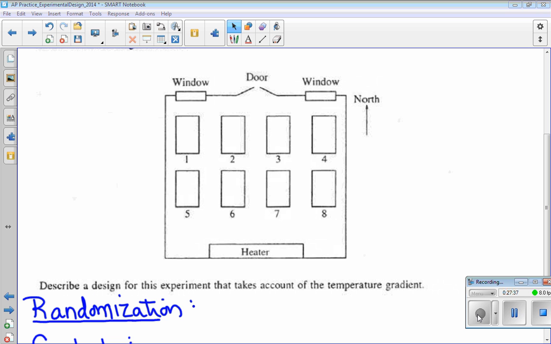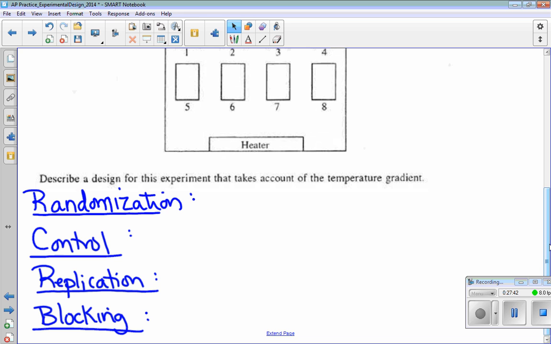What we need to do is address how we're going to randomize and how we're going to use control and all these other issues. So, let's first think about the control group. There are only 2 treatments, the new food versus the old food. The old food is like the control group because you're comparing a new treatment to something that already exists.